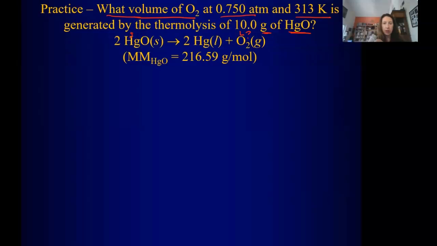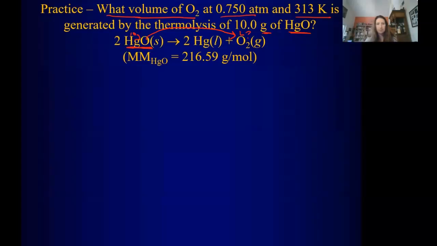So, okay, grams of HgO, grams of this. I'm just gonna write 10 grams. All right, so no matter what, we can see we are starting with this. We need to get to oxygen. A mole-mole ratio has to occur here somewhere, right? There definitely needs to be a mole-mole ratio.